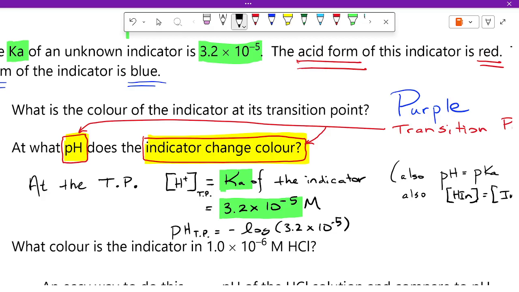4.494? Let me try it again. 3.2, that's right. 4.49449.